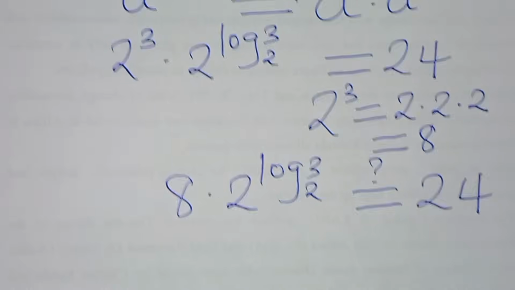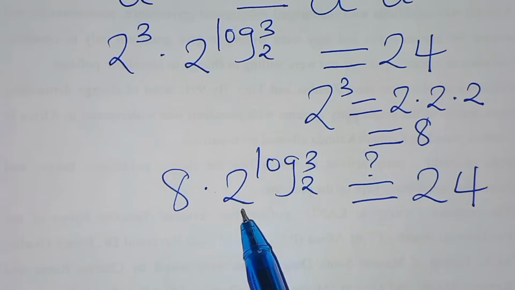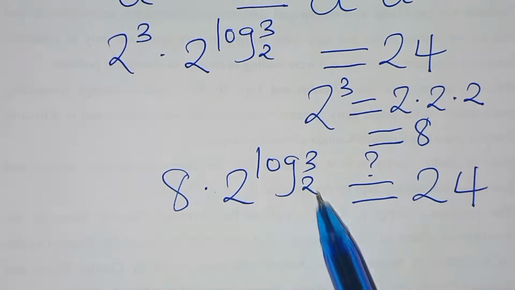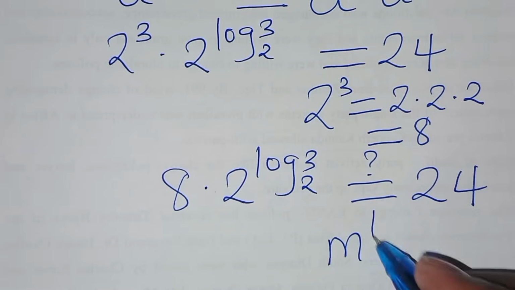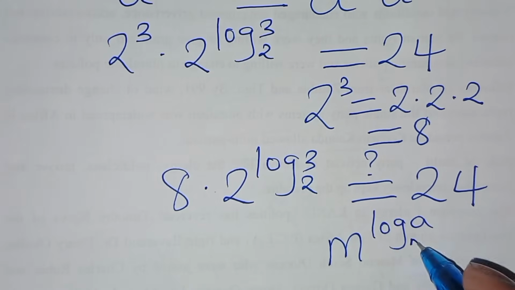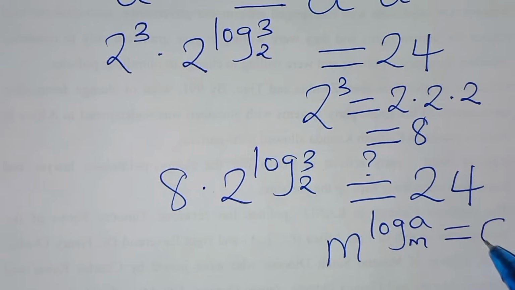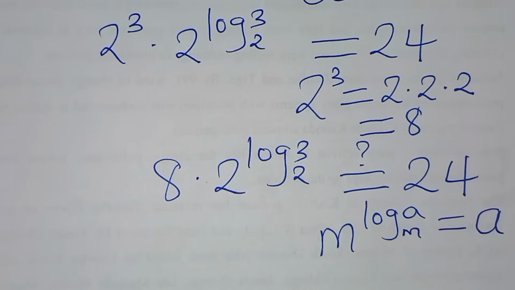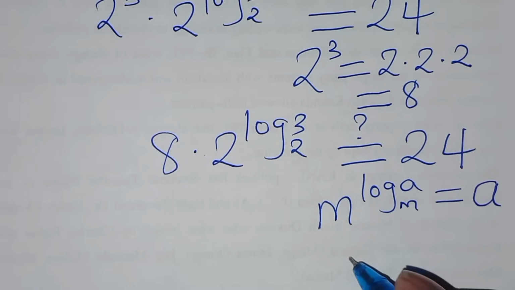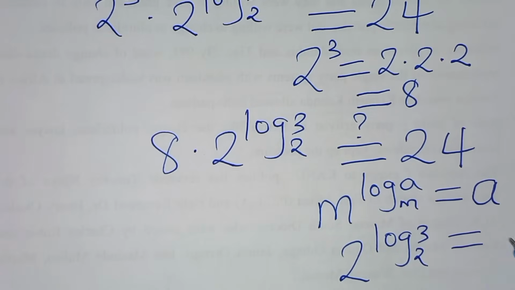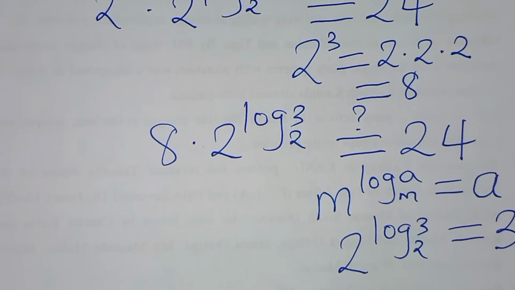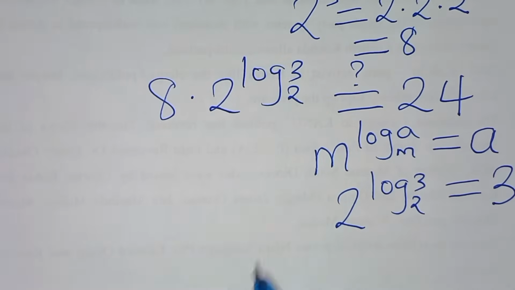Now, from what we have here, 2 to power log 3 to base 2 is in the form of m to power log a to base m, which is supposed to give us a value of a. Now, this implies that 2 to power log 3 to base 2 will give us a value of 3. So let's substitute this 3, so that now here we'll have 8 multiplied by 3.